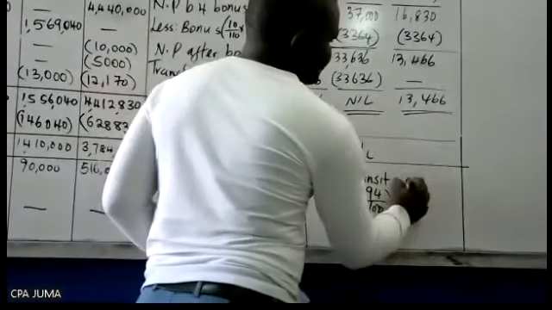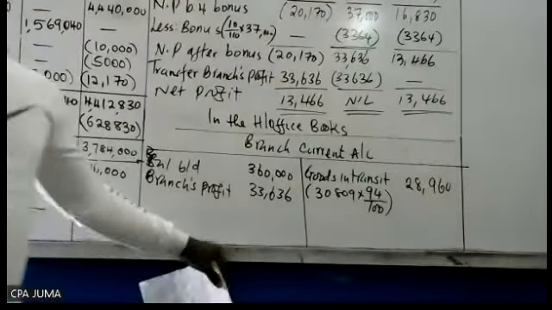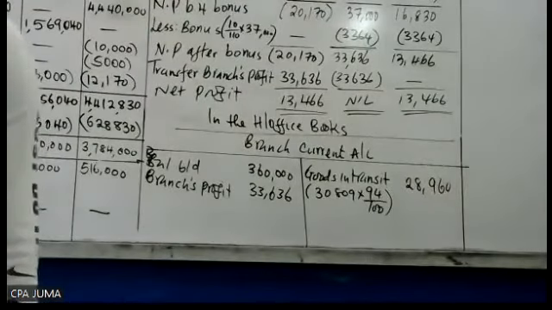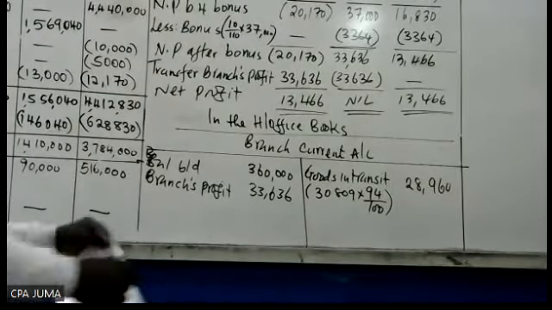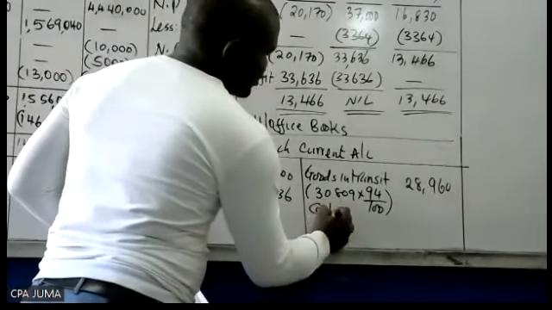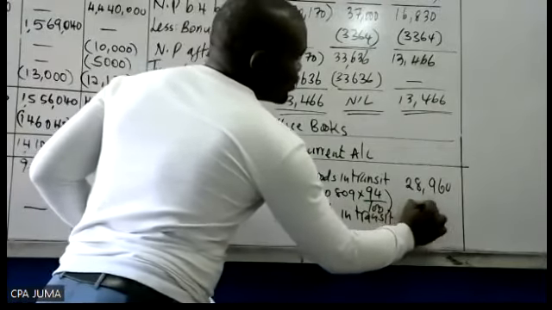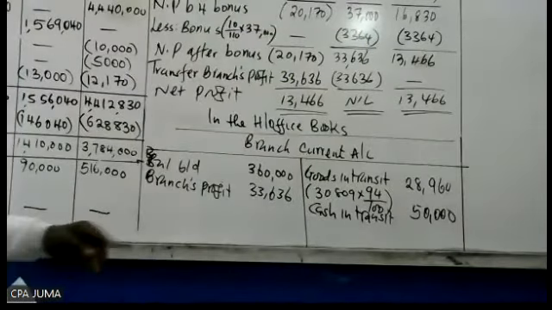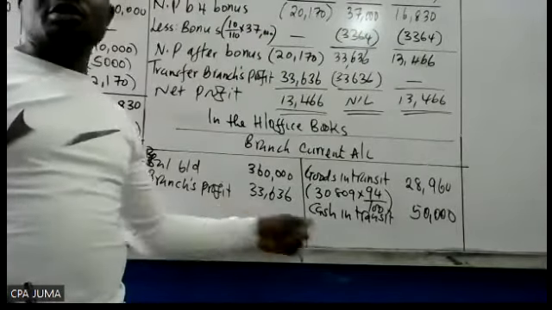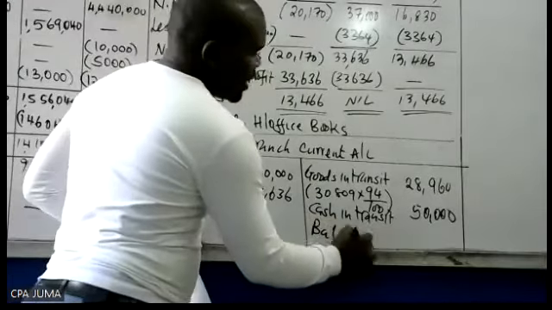How much is that? About 9,960. Yes. Subtract those goods. Also, there was cash in transit. Check additional information number 2. There was cash in transit of 50. If the branch made a loss, it will credit the account. There is nothing else. Balance carried down.